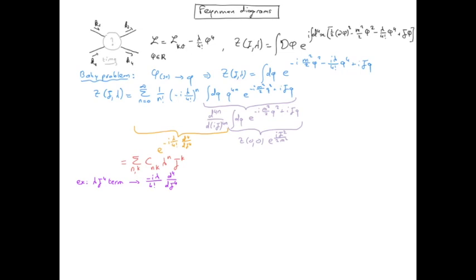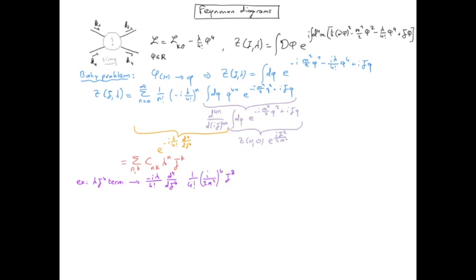However, this is forgetting the fact that we have already a derivative with respect to j. So if we only take the second order of the second exponential, we will have a j^4, but this j^4 will be killed by d^4 over dj^4. Therefore, what we need to take is the fourth order of this exponential in order for j^4 to survive.